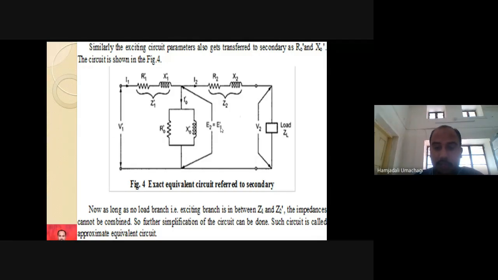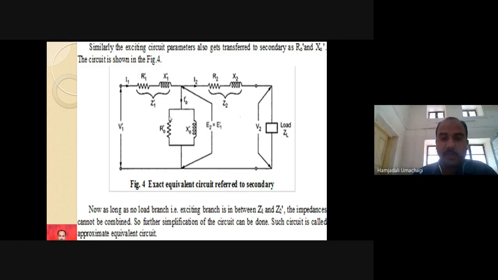Similarly, what about E1 dash? E1 dash is equal to E1 into K. What about I0 dash? I0 by K, because it is current, it has to be divided now. And here I have not shown IC and IM. Even IC dash, IM dash may also appear.